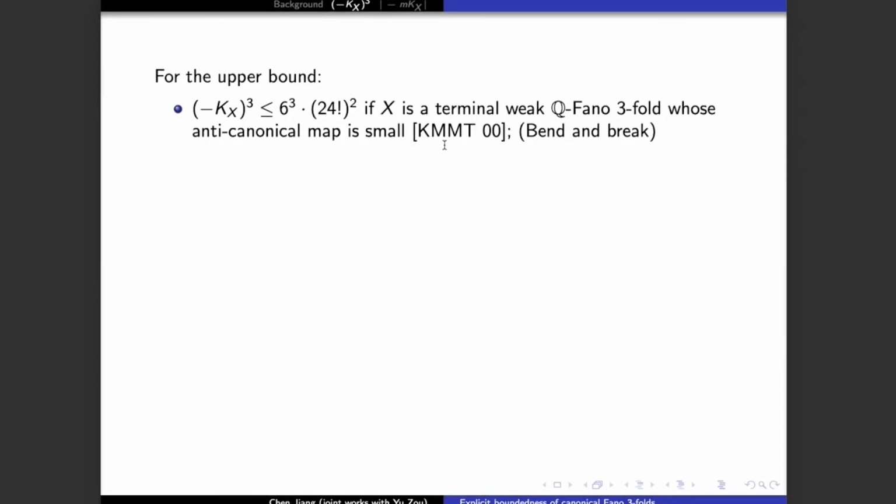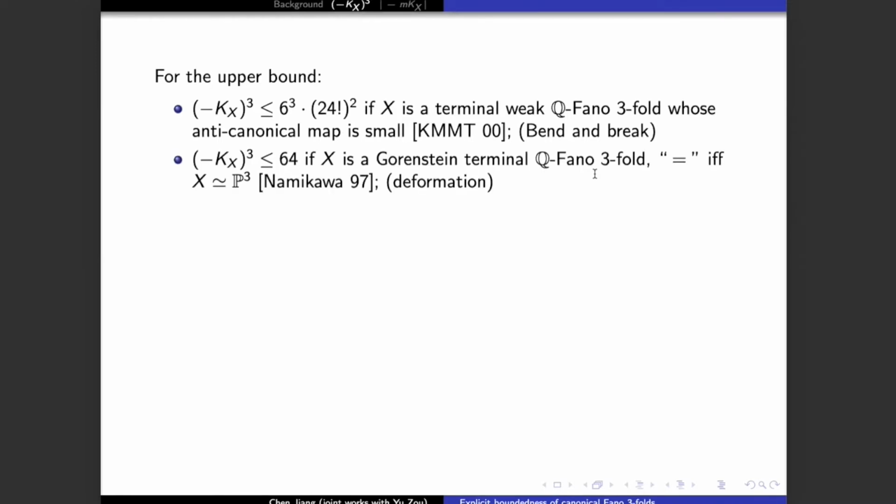For example, Kollár, Miyaoka, Mori, and Takagi showed that if X is a terminal weak Fano threefold whose anticanonical map is small, then they have this upper bound, which is quite big. You can see, their method uses Benham rubric.